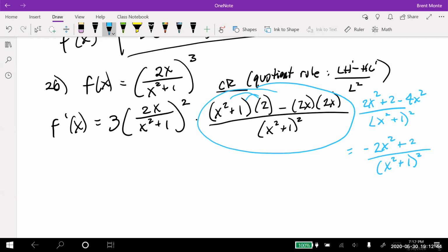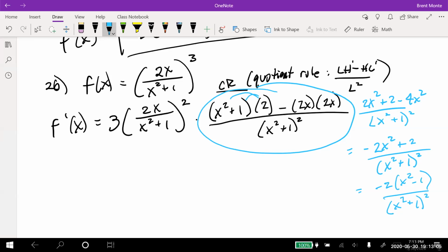Let's do this. I'm going to do one more step. I'm going to factor out that negative 2 out of the top. It's going to leave me with x squared minus 1. Good heavens, that factors too. We'll factor that later if we need to. I don't think we need to.